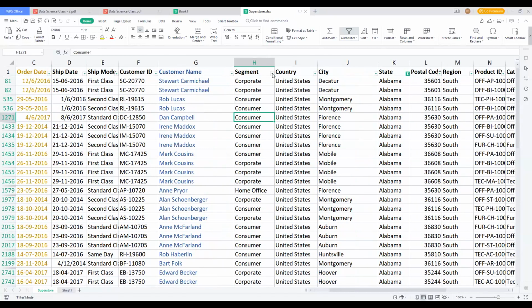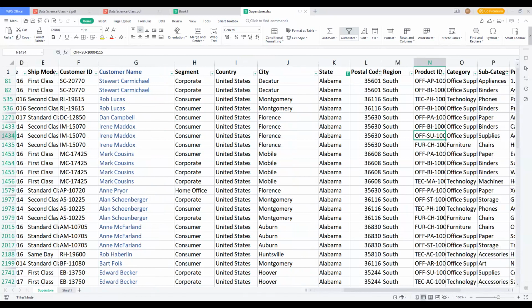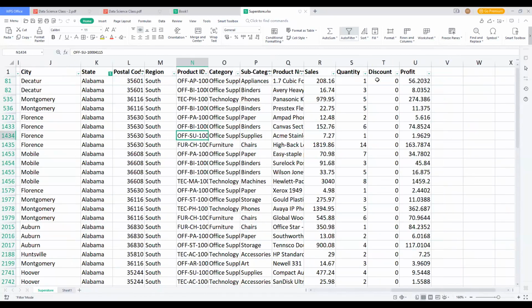Thank you. In the same way, we have segment, country, city, state, where each and every value, which are the categories, is different from the others. Now we have the quantity, which we already discussed. How many quantities of the product are available in your store? I can take a Britannia Good Day 20 rupee biscuit packet. How many units are available in your stock or in your shop?